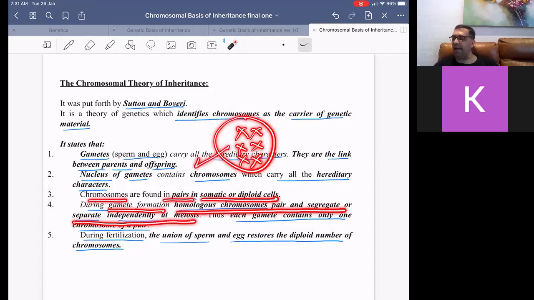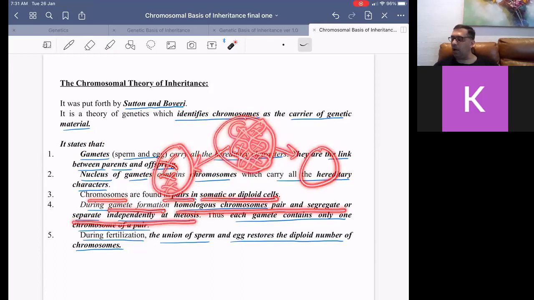During formation of gametes, these chromosomes will pair and assort independently to form haploid gametes. And thus each gamete contains only one of the chromosome pair.